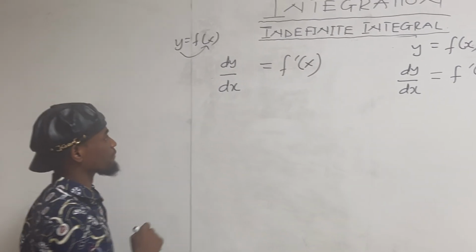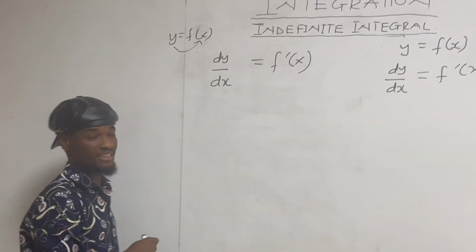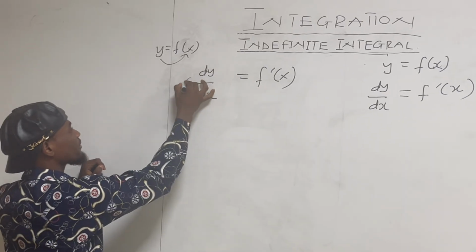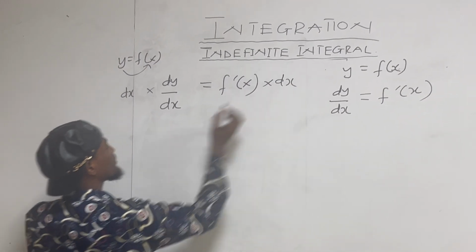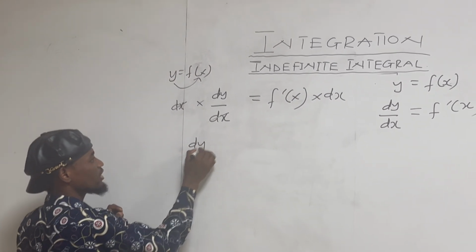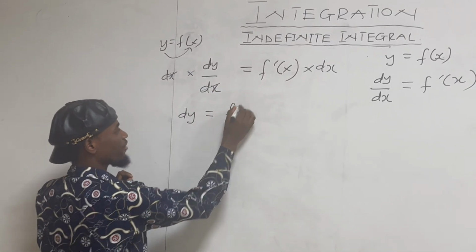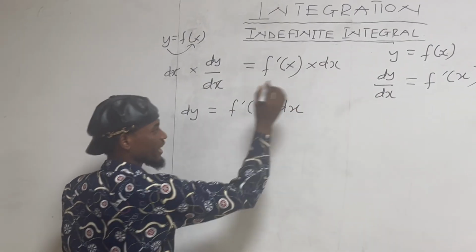What do we do now? Let's multiply both sides by what? By dx. So if I multiply here by dx, if I multiply here by dx, it cancels the denominator. What do I have? I have dy is equal to f prime of x times what? Times dx.